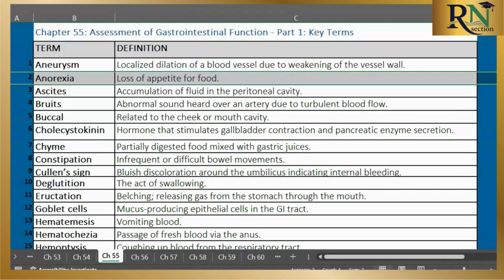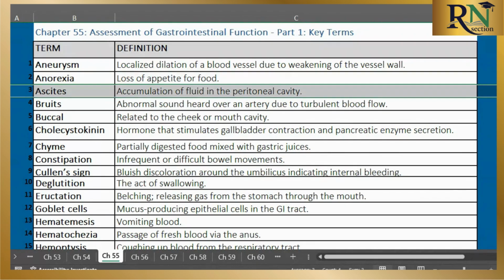The A here means not. Ascites: accumulation of fluid in the peritoneal cavity. Ascites is a sac of fluid.